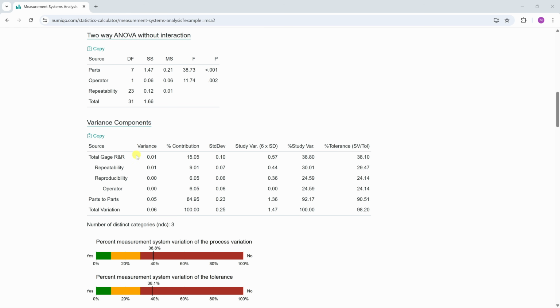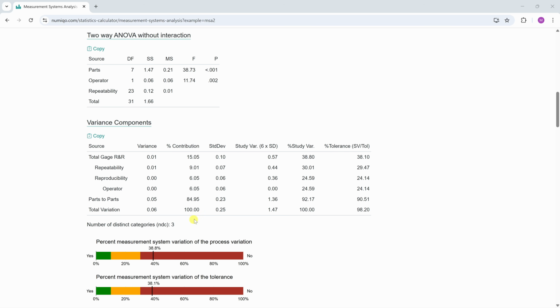Let's read this table from left to right. First, the variance column. This shows how much variation each source adds. In our case, total variation is about 0.06 and total Gage R&R is about 0.01, so the measurement system contributes a small slice of the overall variation.